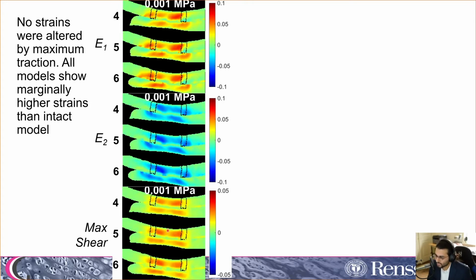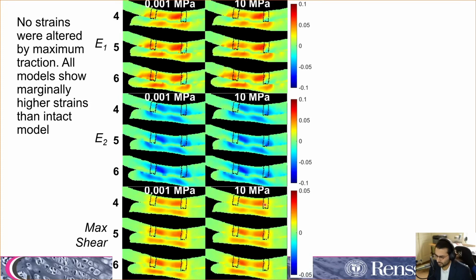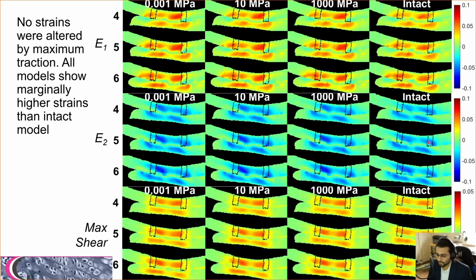But as we increase the maximum traction, the interface strength, we don't see any differences. The strains are virtually identical as we increase the interface strength, and as we increase it even further, there's still absolutely no change. Compared to the intact model, these strains are a little bit higher and show similar topography, but it's overall not very different.